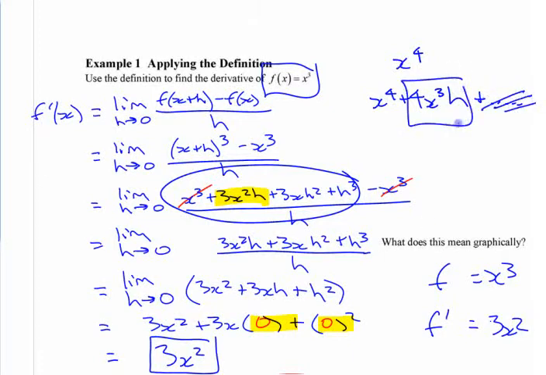This is the term that ends up being the derivative. The derivative of x to the 4th is 4x to the 3rd. If this was x to the 5th, what would it be? What's the first term in that expansion? The first term is x to the 5th, but then the next one is going to be 5x to the 4th h. It's going to be the one that survives.